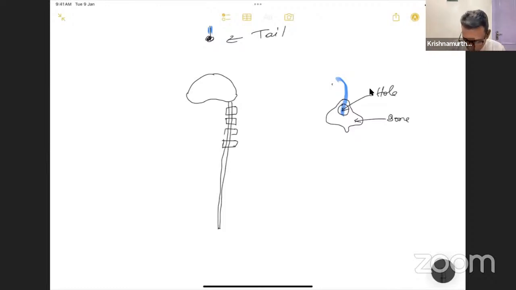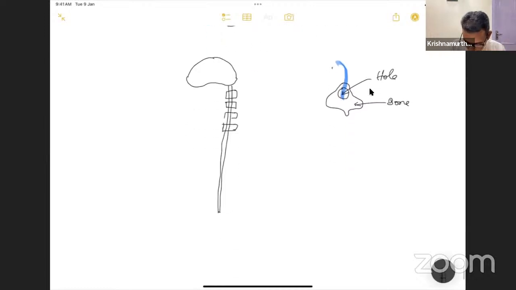The cord is the wire. These bones are called vertebra, which is a bony structure.